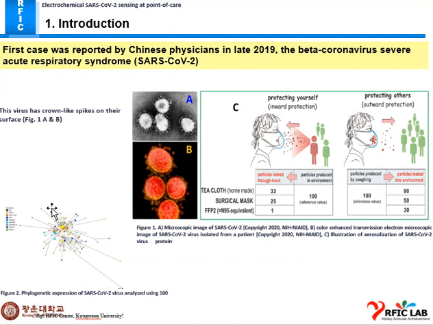Some introduction. This is a phylogenetic expression of SARS-CoV using bioinformatics. This virus shows the crown-like structure, as you can see in the picture, a good picture using AFM. And we need to wear a mask to avoid transmission from one person to another.